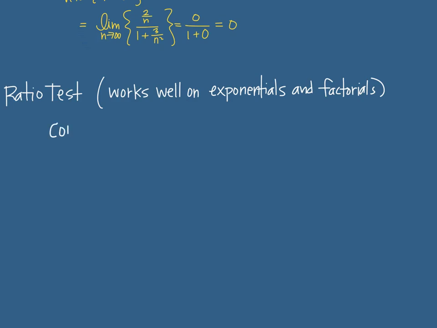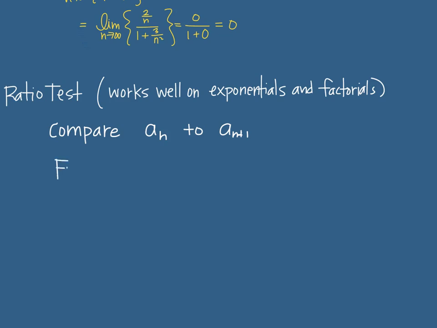We want to compare the single term a sub n to the term that comes after it. What comes after a sub n in a sequence? A sub n plus 1. So we want to compare those two things in ratio to each other.